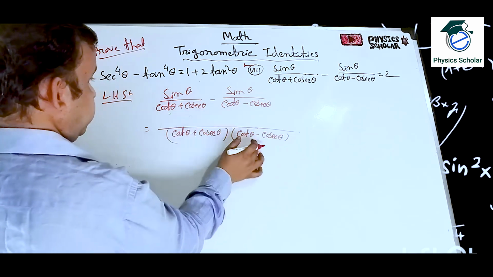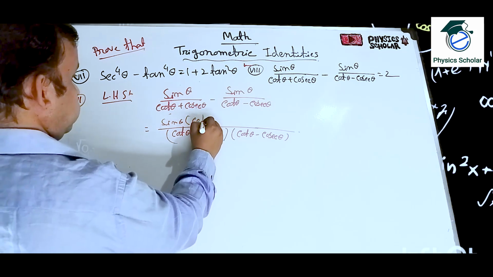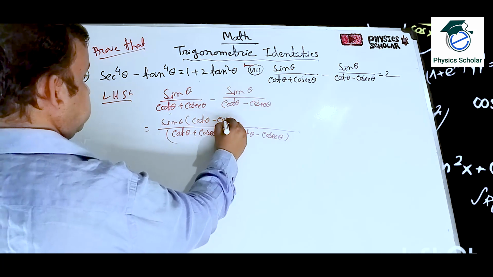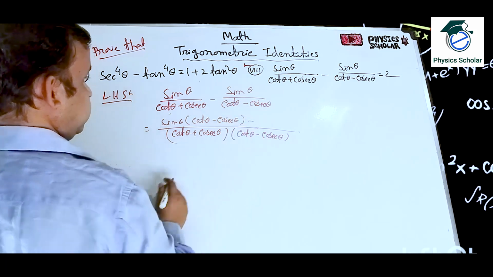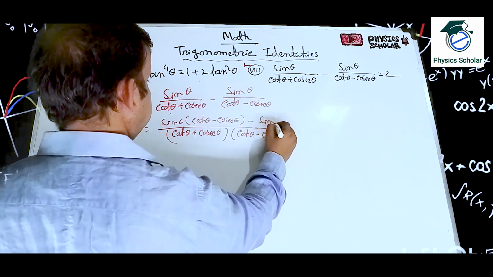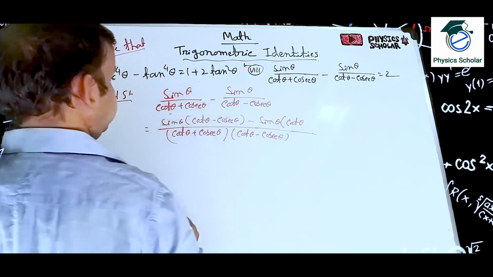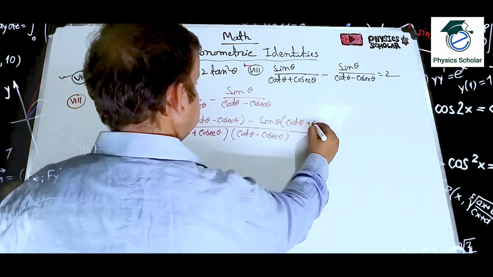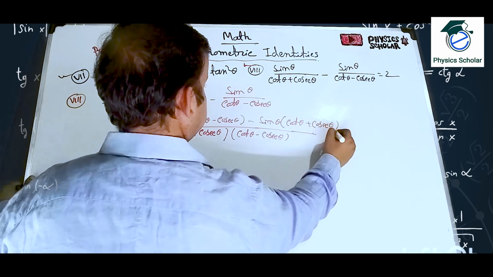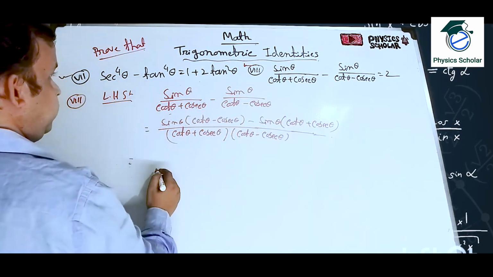So this will be cancelled. So sin theta into cot theta minus cosec theta minus what? This will be cancelled. So sin theta into cot theta plus cosec theta. Okay. So here from these two terms sin theta will be common.